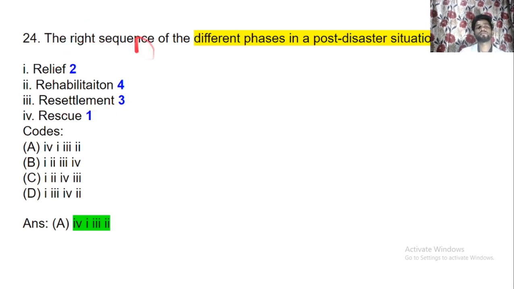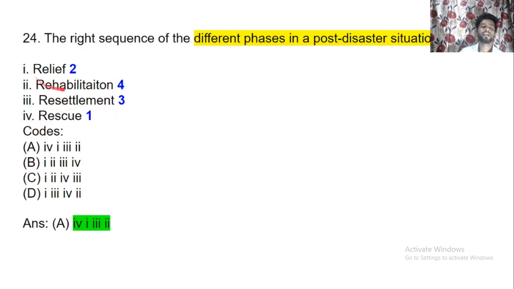Now again you have to write a sequence, the different phases in a post-disaster situation. After a disaster, what strategy does the disaster management authority follow? First they rescue.